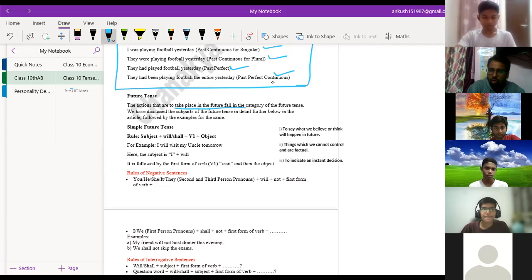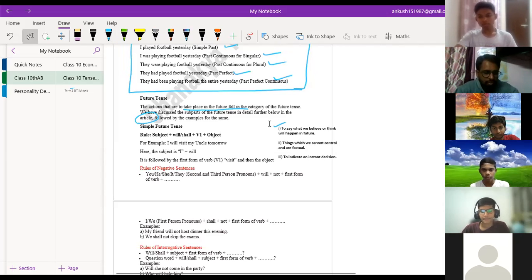And we have already discussed the subparts of this future tense in detail further below in this article, whatever we have been learning here. Okay, it is used to say what we believe or think will happen in the future. See, this is not a certain thing that will take place.